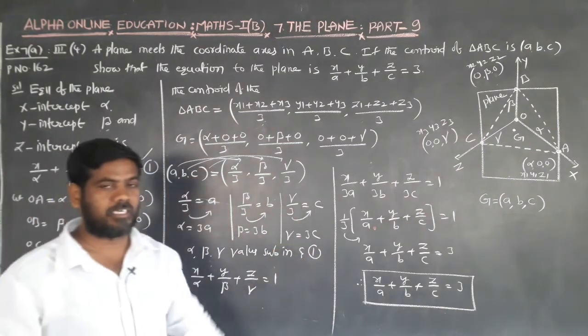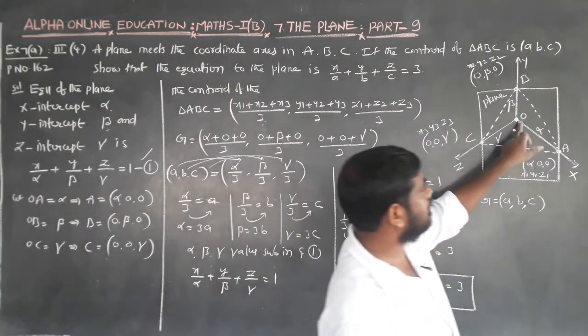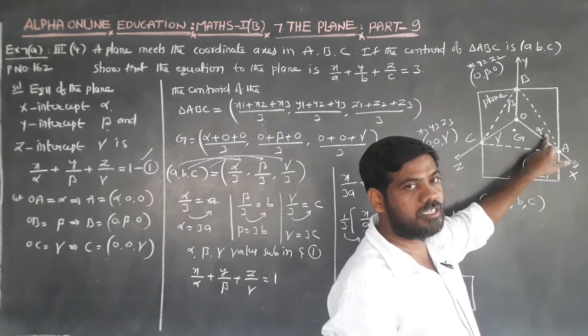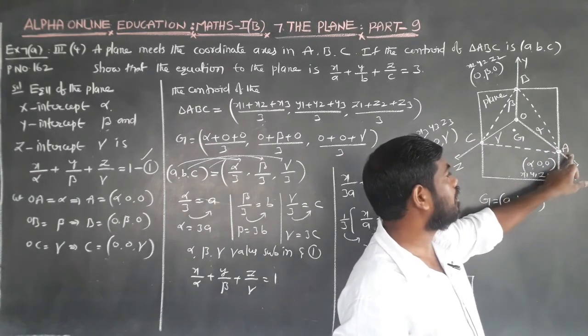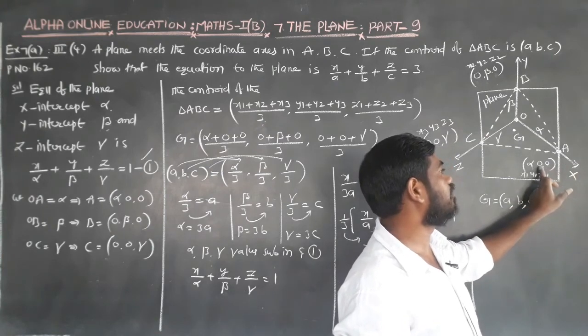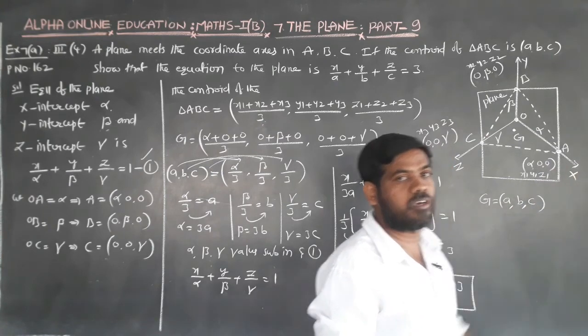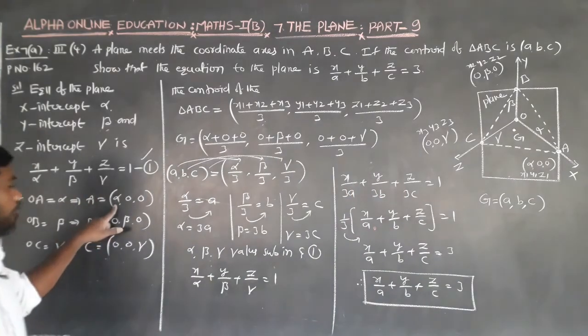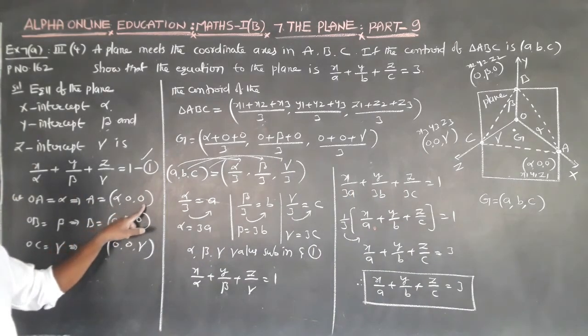Here we find the values of alpha, beta, gamma. OA is the x-intercept, so OA is alpha. Point A lies on the x-axis, where y and z coordinates are 0. So A is (alpha, 0, 0).